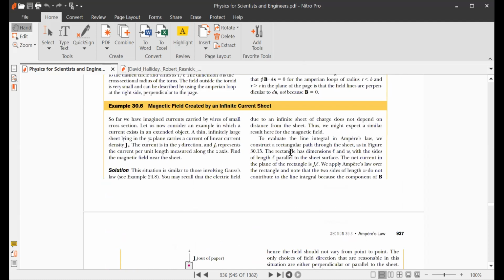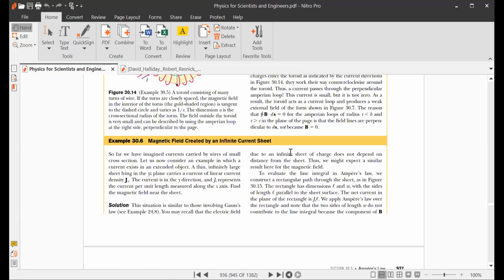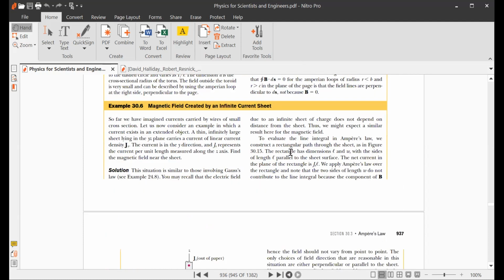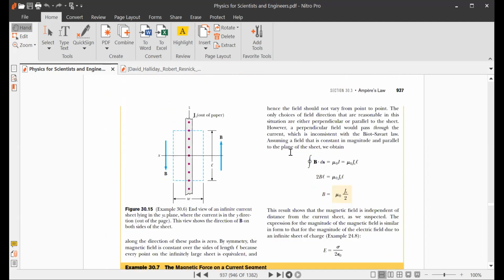So this is the current from infinite current sheets. For example, you have a plate, and this is the cross section. On the plate, we have a current with density Js, the current per length.